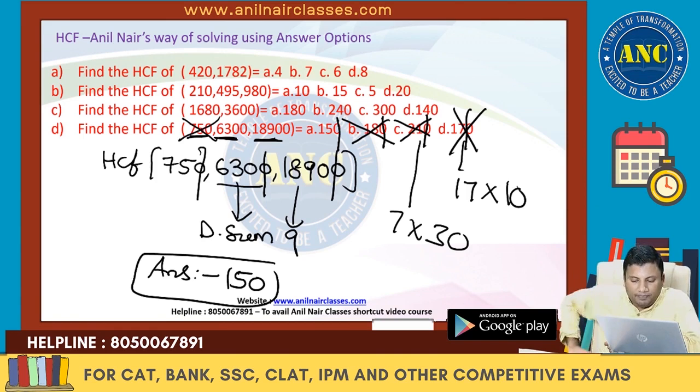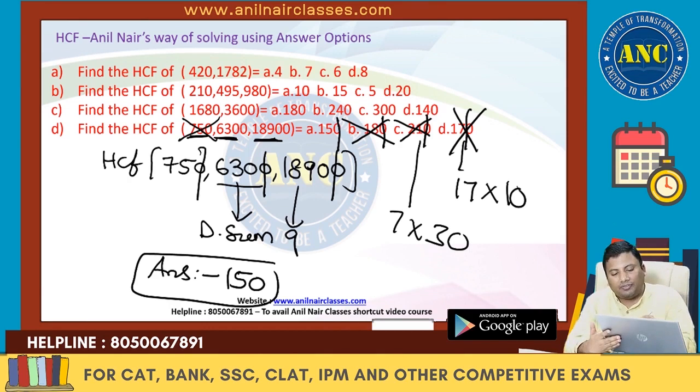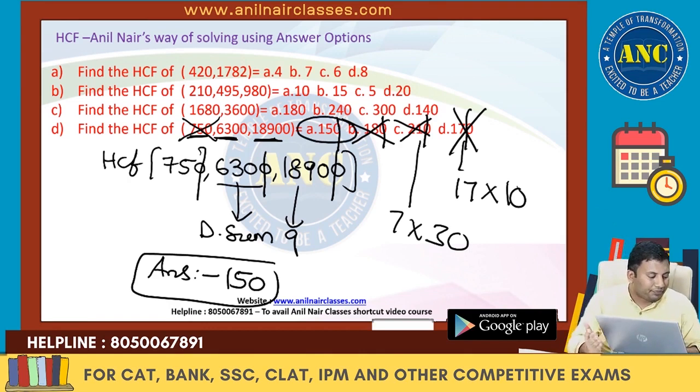So 180 is out. 170 is 17 into 10. 750 or 75 is not a multiple of 17. 170 is out. 210 is 7 into 30. 750 is not divisible by 7. So the answer for this question is 150.